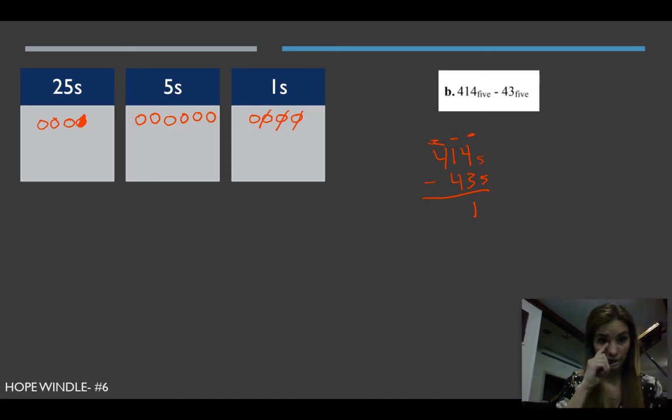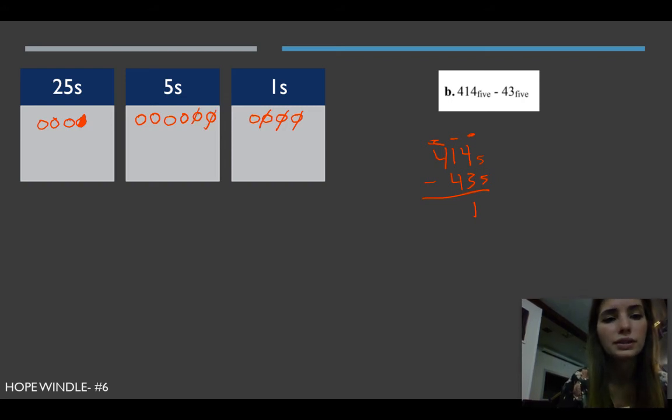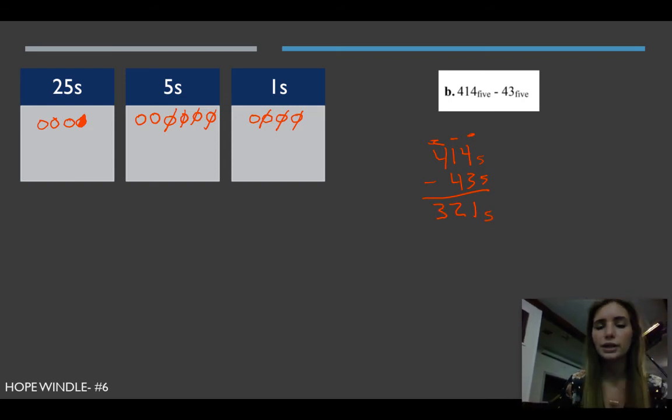Now, that gives us 6 5s. So we can take away 4 from 6. That's going to leave us with 2 5s. And now we have 3 25s. So whenever you're subtracting, you have to think about things slightly differently than we would in base 10.